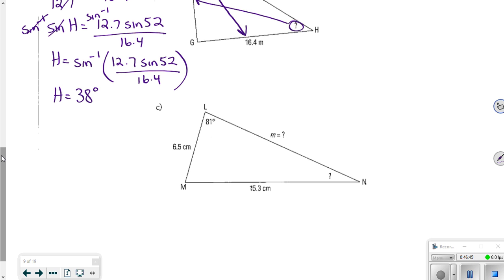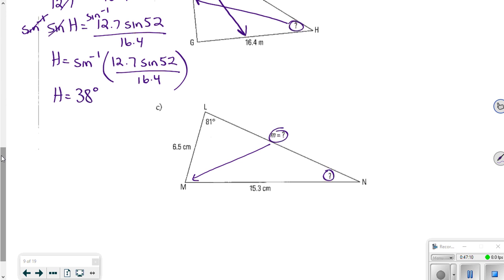This time we've got two pieces. This triangle wants this angle N, and it also wants side M. Using our sine law, the only way to solve for side M is to have angle M. We don't know anything about angle M yet, so we can't start there.